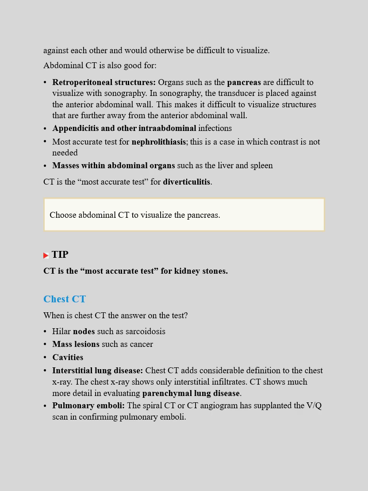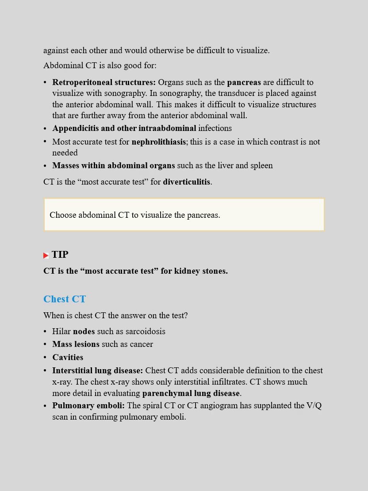CT adds considerable definition for the chest compared to the chest X-ray. The chest X-ray shows only interstitial infiltrates. The CT shows much more detail for evaluation of parenchymal lung disease and interstitial infiltrate.